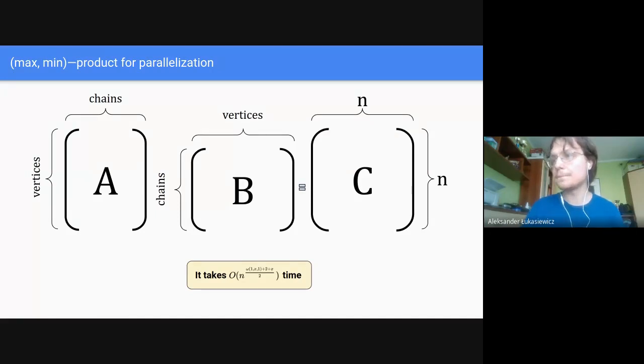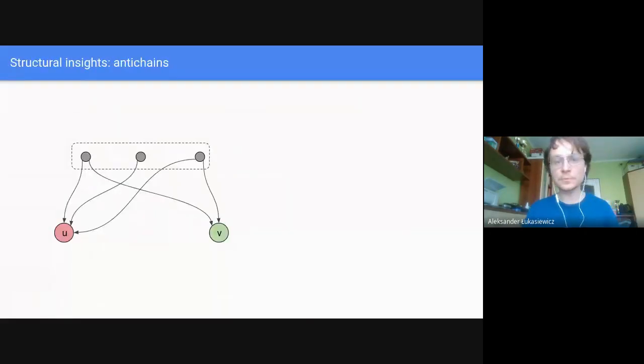Okay, the other important structural insight is what happens if we have an anti-chain.